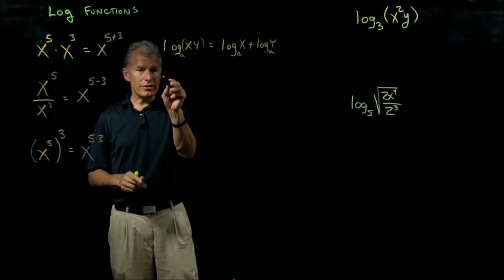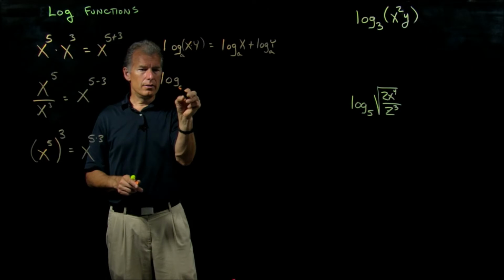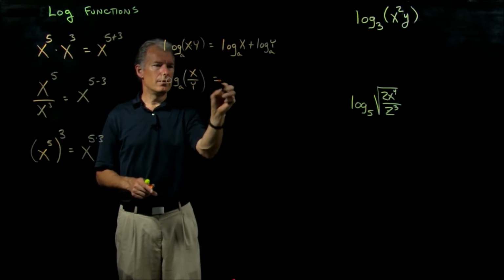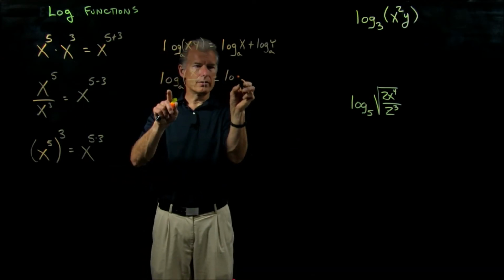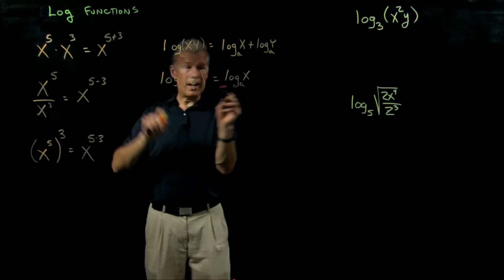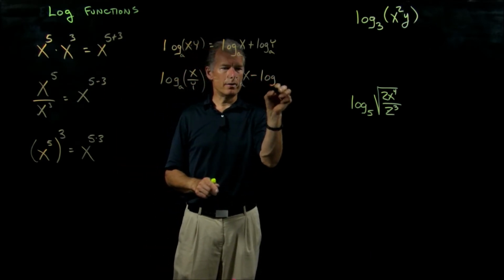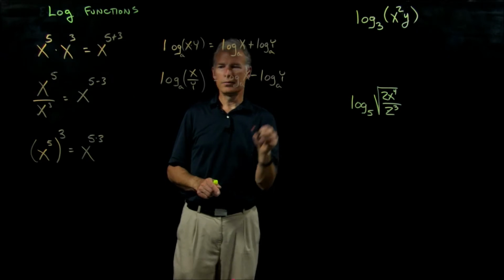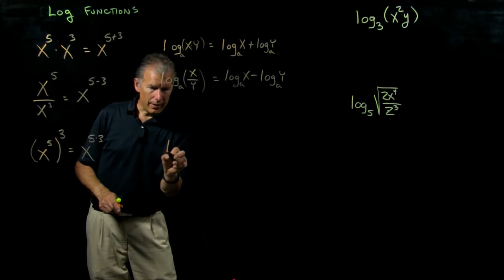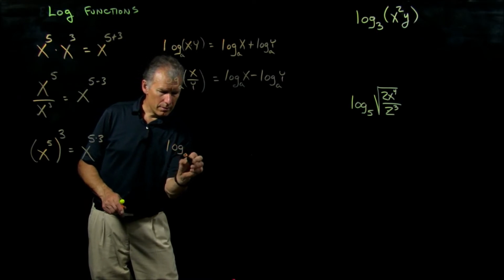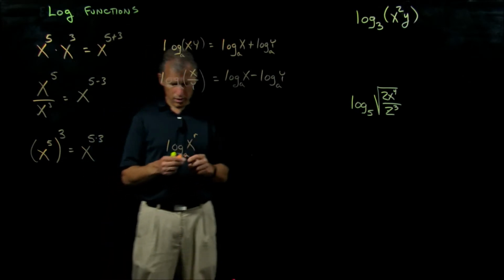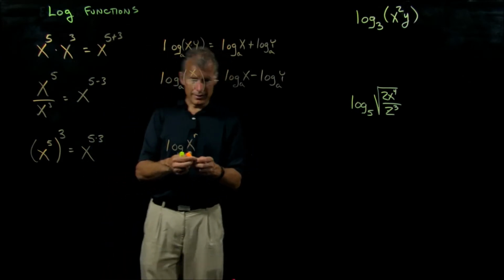Division then, so let's say I have the log base a of x divided by y, then this would become log base a of x minus log base a of y. And last, thinking about this, if I have log base a of x raised to the power of r, for example, then I can rewrite this.